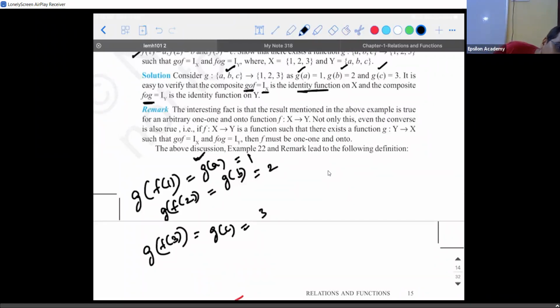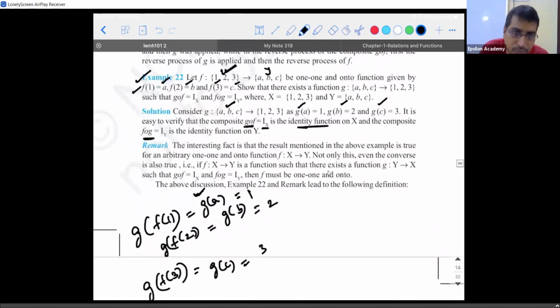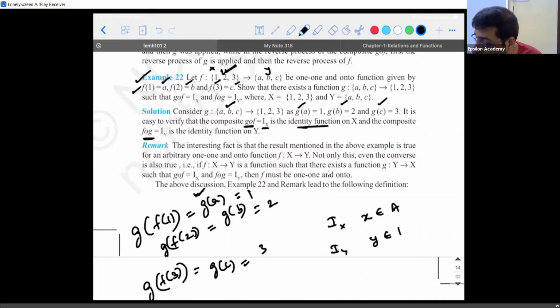So a, b, c come from where? They come from the set Y, but in the g function it comes from X, no, sir. Identity of X is for all values of x that belong to set A. Identity of Y is the elements of Y that belong to the codomain set, set B. Okay, sir, that is the meaning.